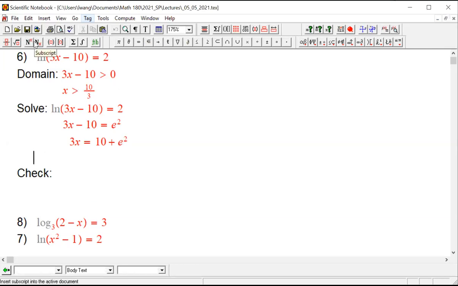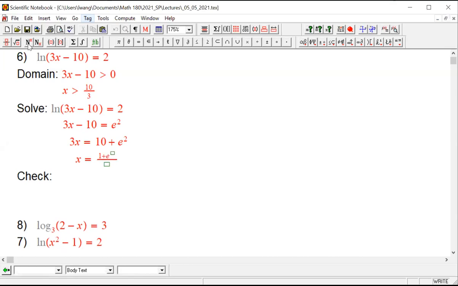And then x equals 10 plus e squared, divided by 3. Oops, divided by 3. And there's a 10 right there.